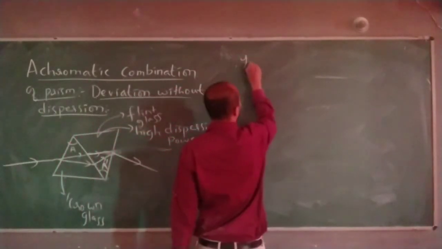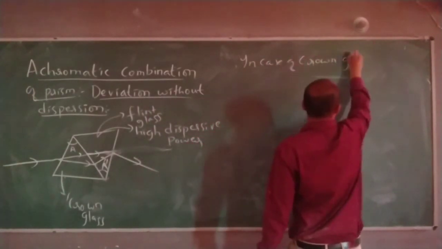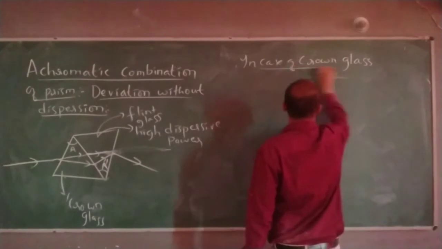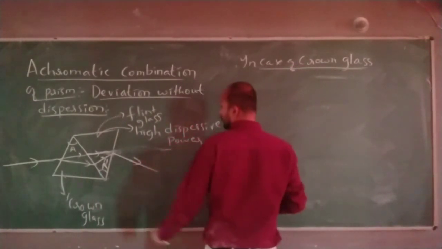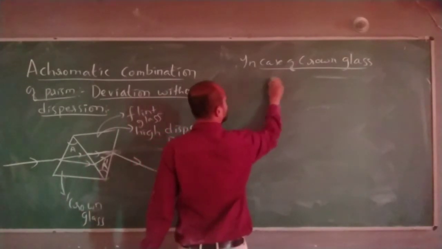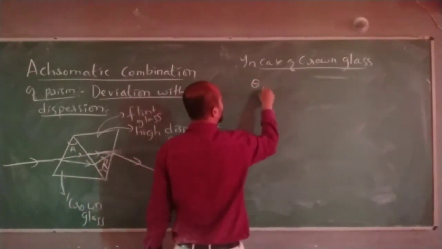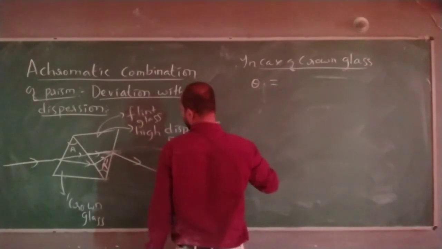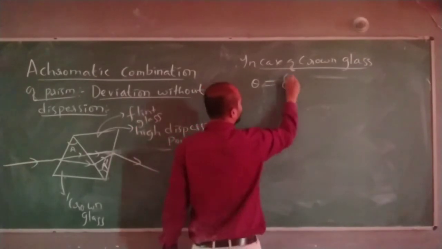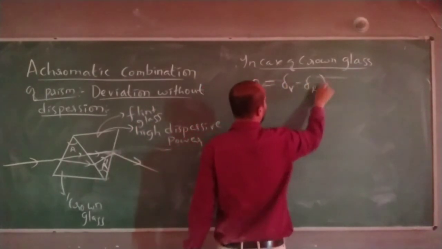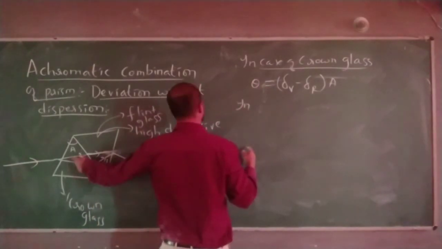In case of crown glass, I can write theta 1. Let us take theta. Theta can be written as dou v minus dou r into a. This is the angular dispersion for this one.